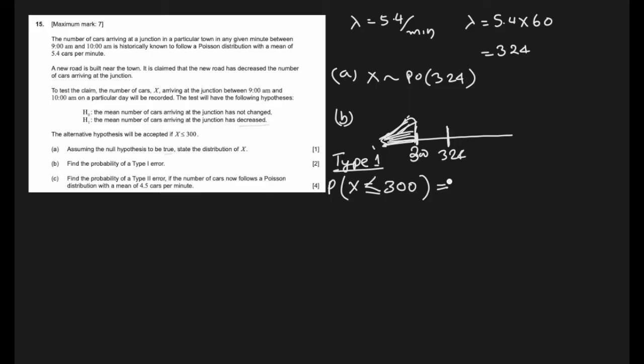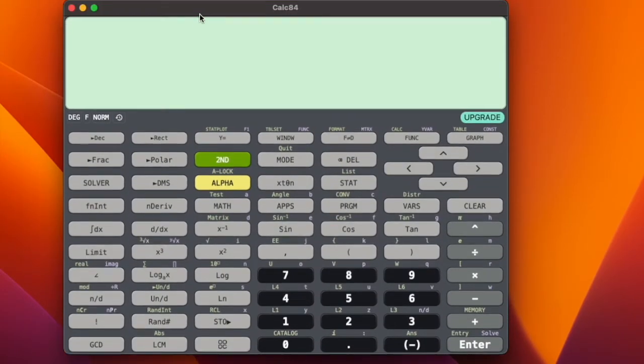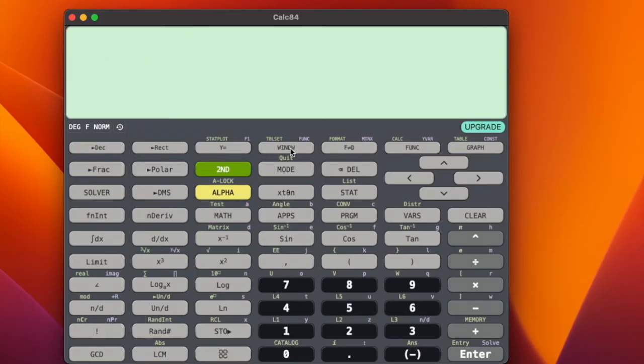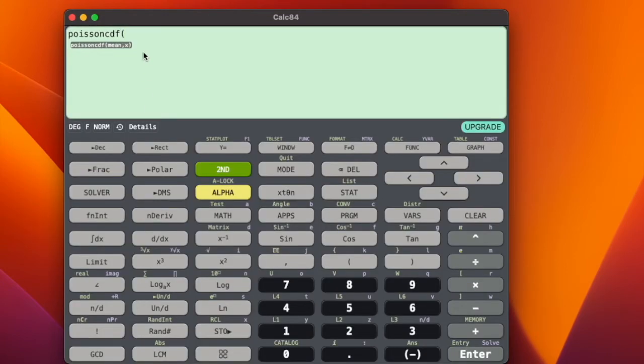Okay, so we can use our calculators for this. So we can use this one here, Poisson distribution we want. Okay, Poisson distribution, our mean is 324, that's what we want.